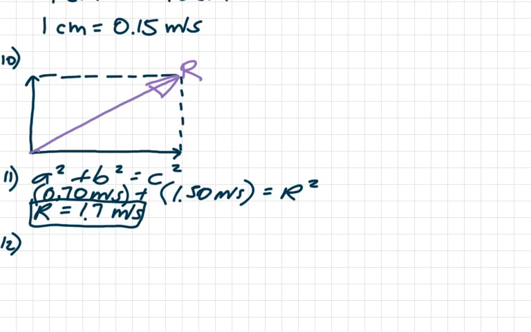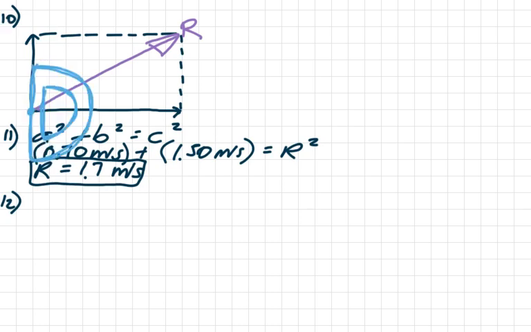So for 12, we have to read very carefully here. It says determine the angle between north and the resultant velocity. So they do not want to know the angle from the x-axis, which is usually how we measure angles. No, they want to know what this angle right here is. So what you do is you take your protractor and you line it up like a D. Let me show you what I mean by that.